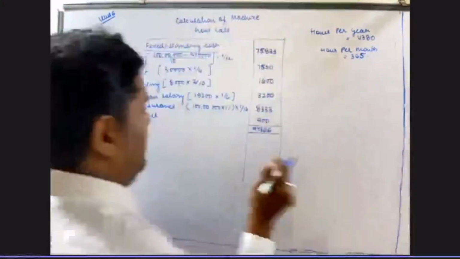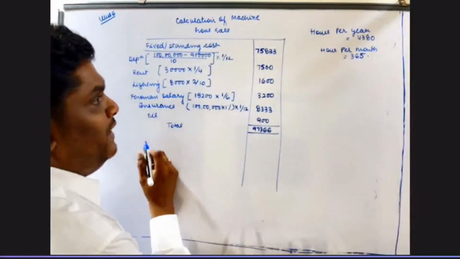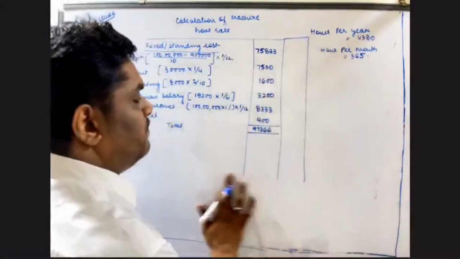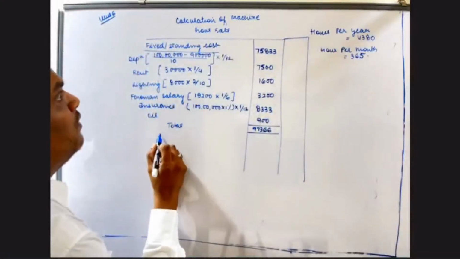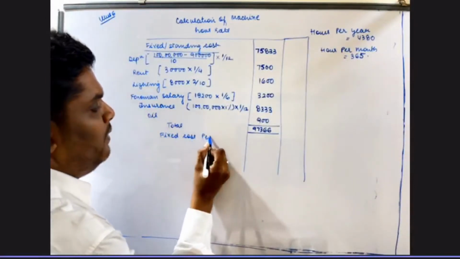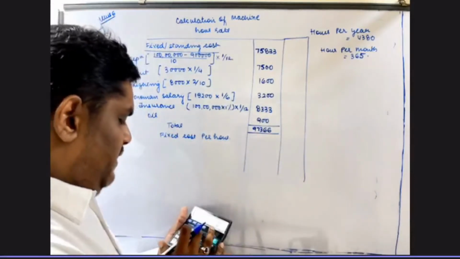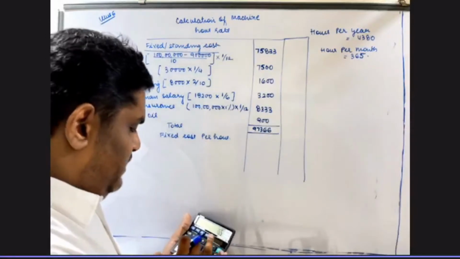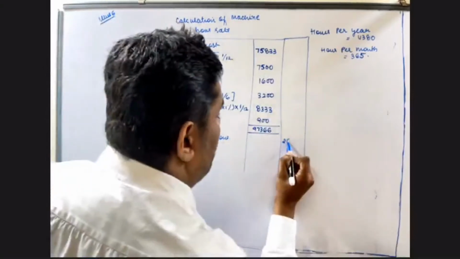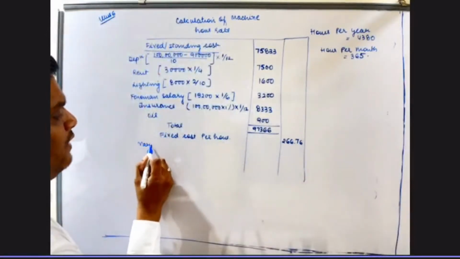Now we'll divide it by machine hours, and prepare a separate column also. So fixed cost per hour will be how much? 97,366 divided by 365, that is 266.76. In this, we will add variable cost or running cost.